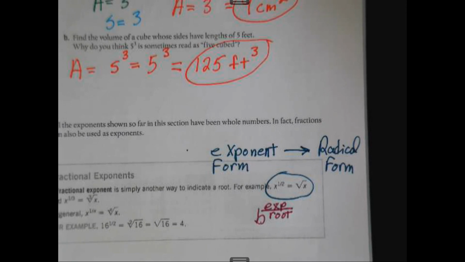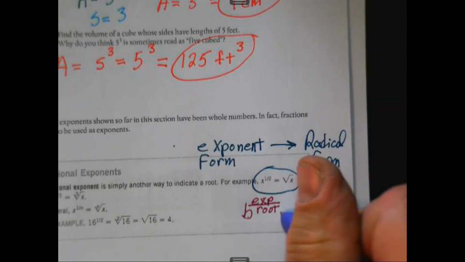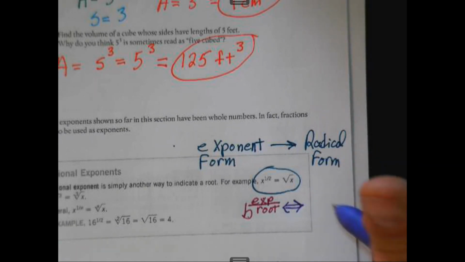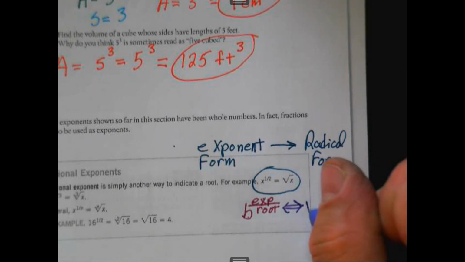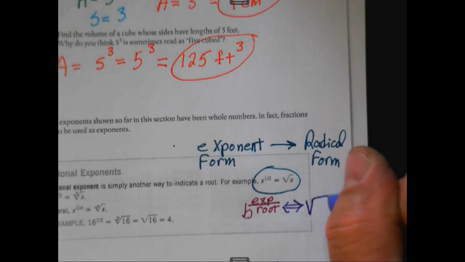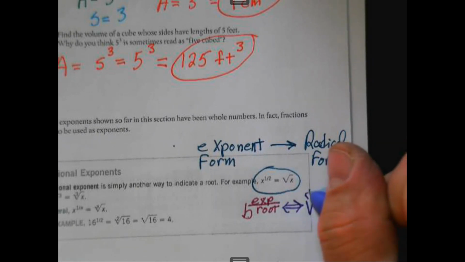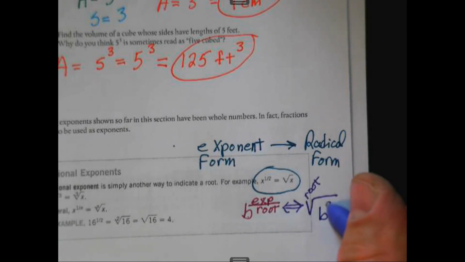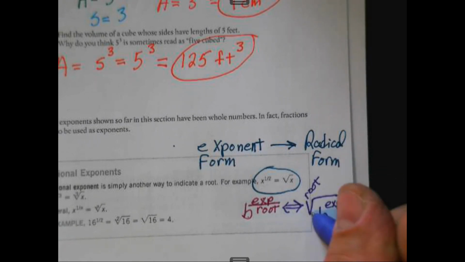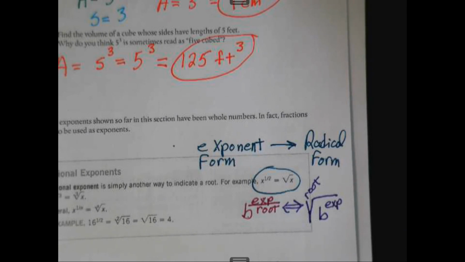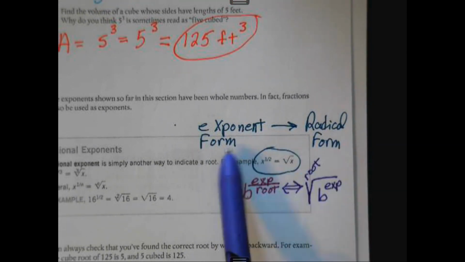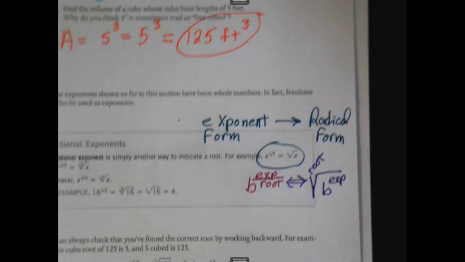And in radical form, now these go back and forth, it's the root to the base of the exponent underneath the radical. So that's how we're going to go back and forth from exponent form to radical form.